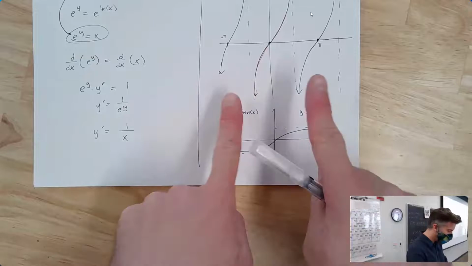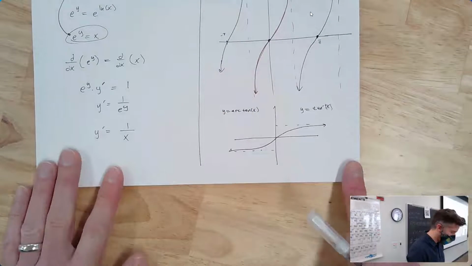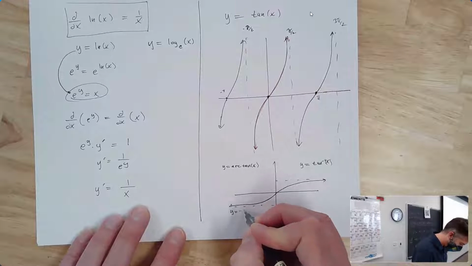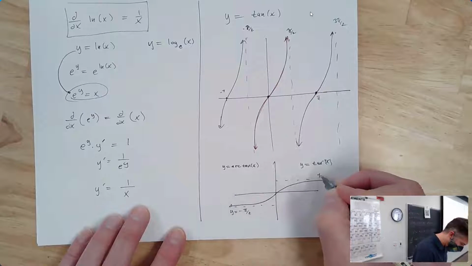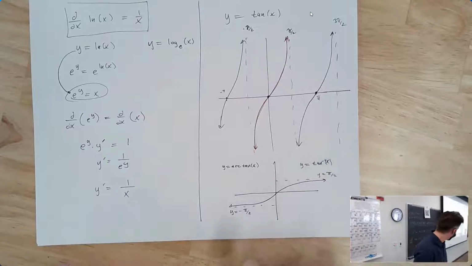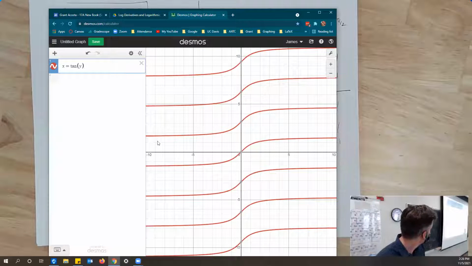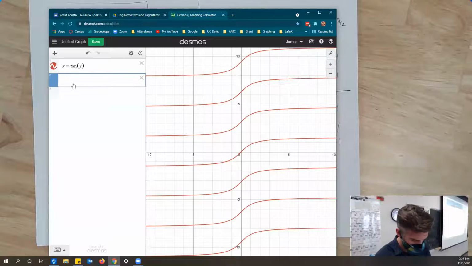And instead of having vertical asymptotes at pi over 2 and negative pi over 2, it's going to have horizontal asymptotes at negative pi over 2 and pi over 2. And if you prefer a nicer picture, we can totally look at Desmos again for a second. Instead of this thing here, we're just going to have this thing here.